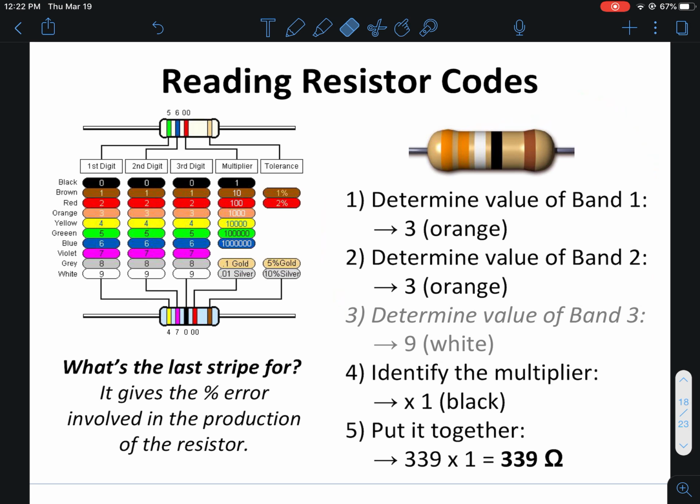So if we're looking at this guy, we're given the orange, which is a 3. We're given another orange, which is a 3, so that's 33. And we're given a white, which is a 9. So that's 339 right now. Then our multiplier, in this case, is black. If you look here, the multiplier for black is just 1.